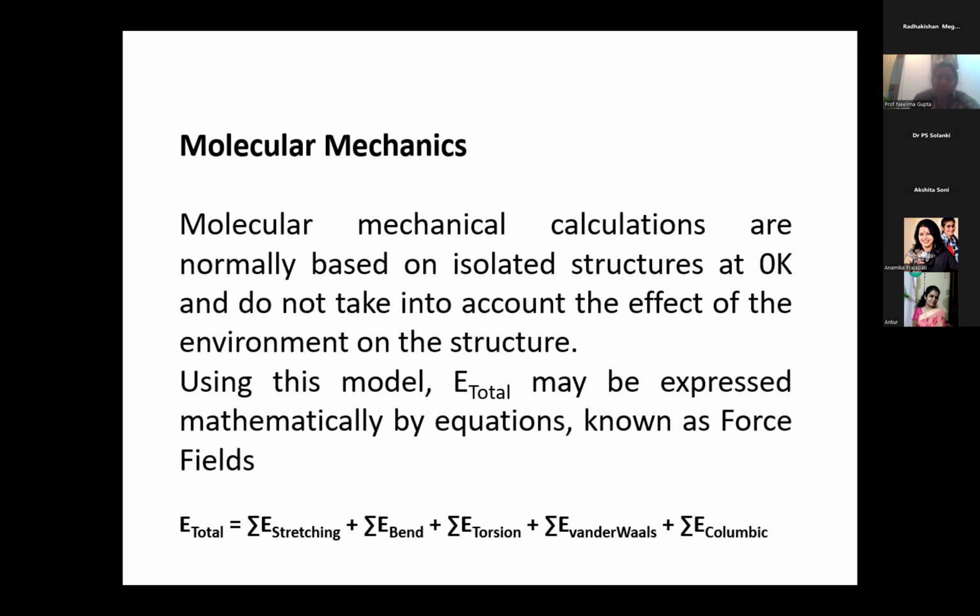So all these interactions, considering the molecule to be made up of different atoms represented in the form of balls attached to each other by the covalent bond, which may be represented as springs. So they are not rigid. There can be distortions in the molecule.